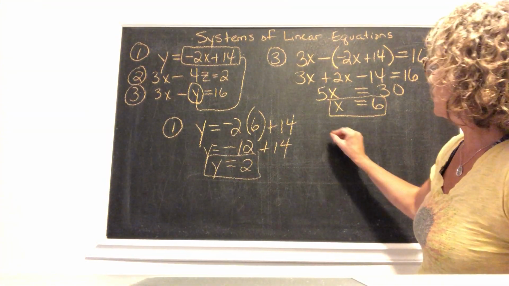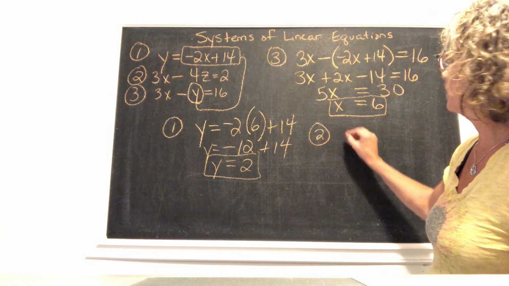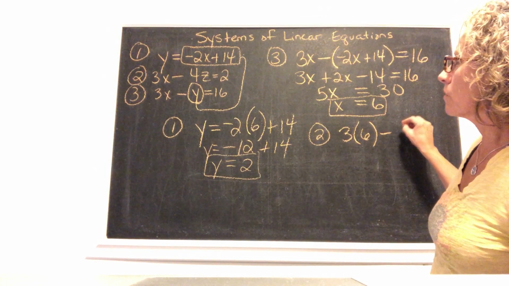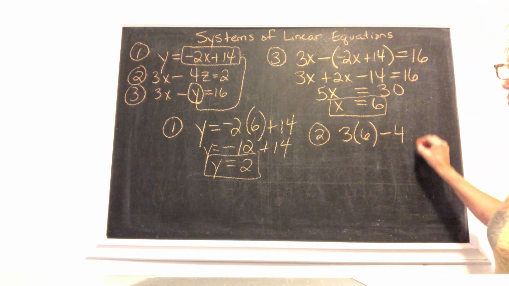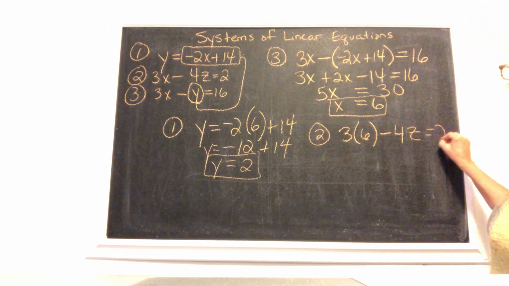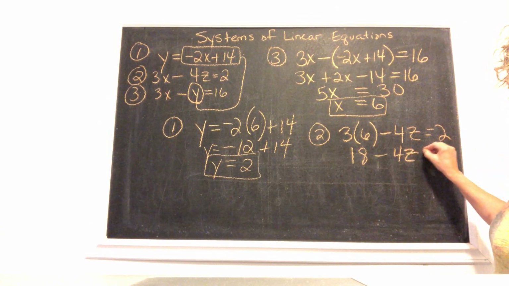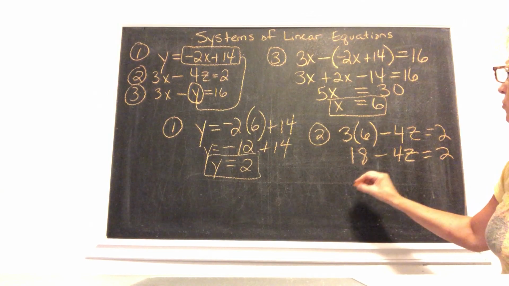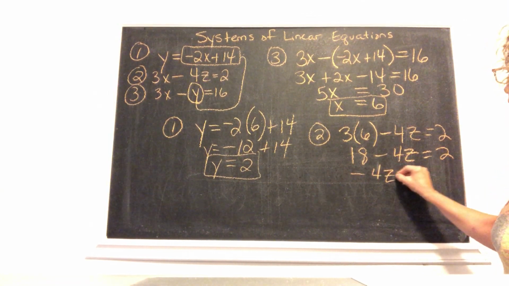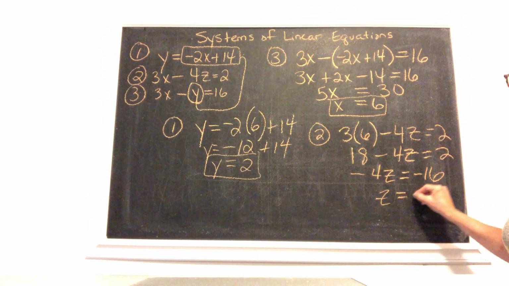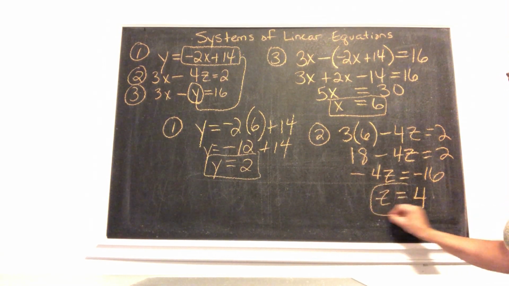And then last but not least, I'm going to go to equation 2 and substitute my x. Subtract 18, I get negative 16, and divide by negative 4, I get z equals 4.